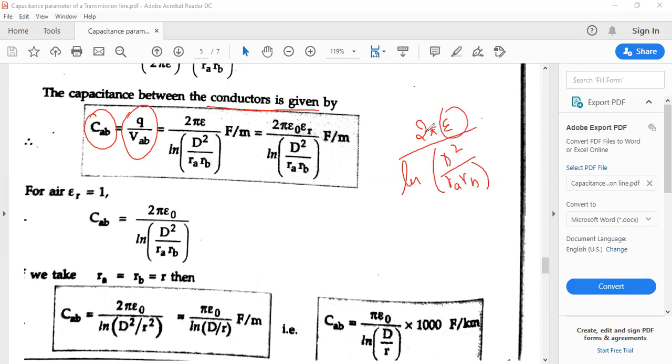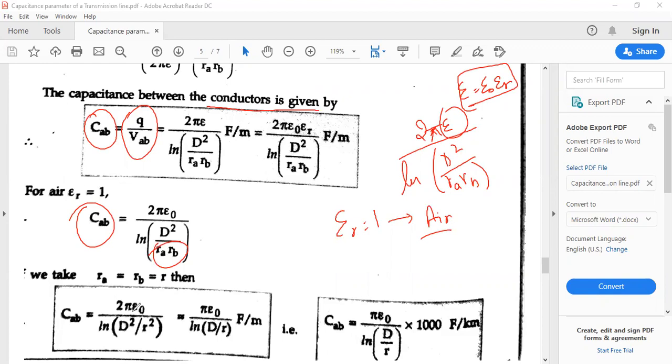Epsilon is calculated as epsilon naught epsilon R. For the relative permittivity, epsilon R equals 1, as the conductors are in air. So CAB equals 2 pi epsilon naught divided by ln of D squared divided by the product of RA and RB.